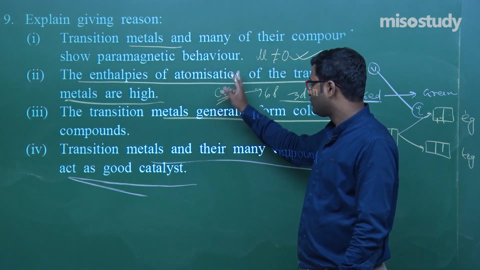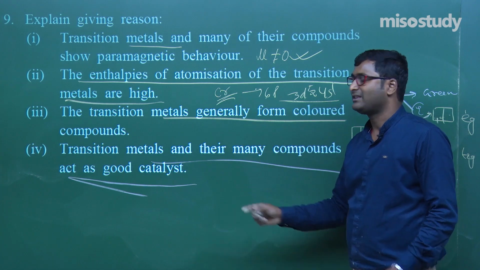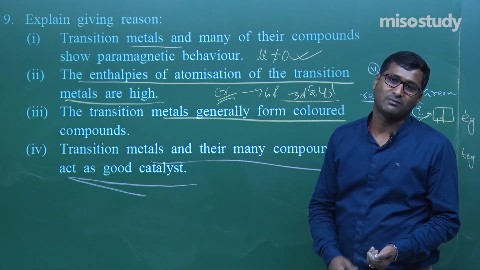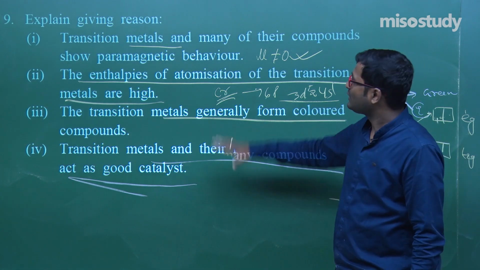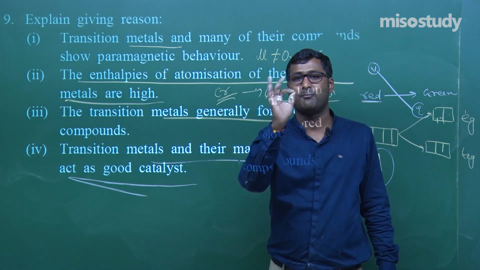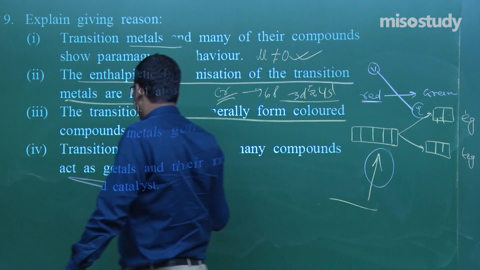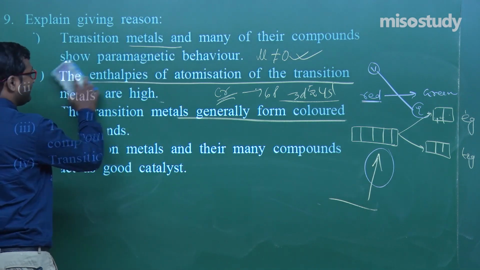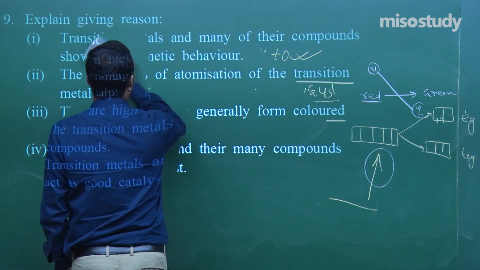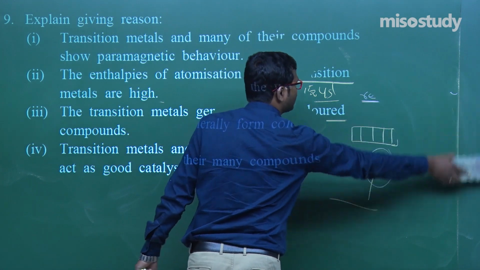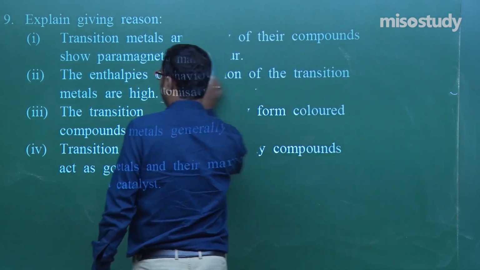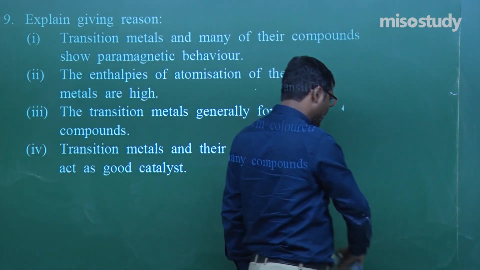Due to this reason, they act as good catalysts, my friend. All totally depends upon the number of unpaired electrons. If you forget this question, so what to do? Explain that they contain unpaired electrons, and due to unpaired electrons this happens. Clear? Now let's move to the next question.